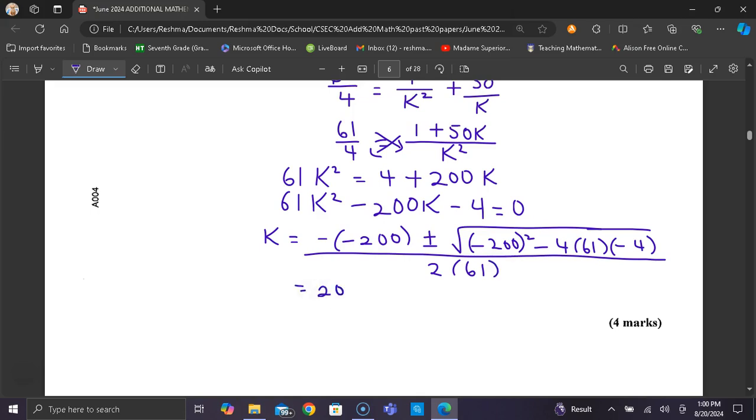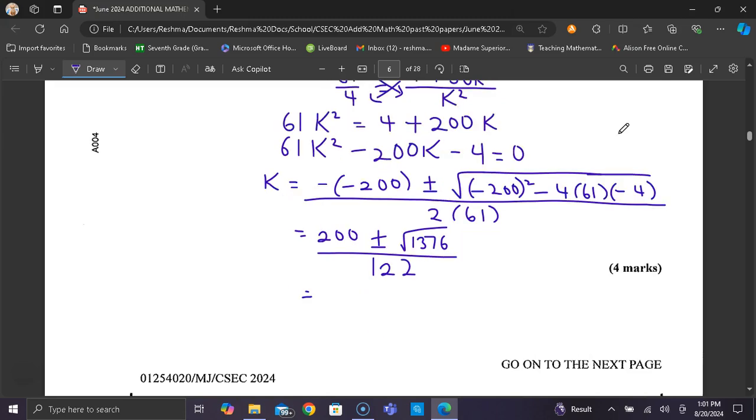Alright, so that's 200 plus or minus. Okay, let's figure out the square root part. So that's 400 plus the minus, and minus give a plus, so that's 4 by 61 by 4. So it's the square root of 1376, divided by 2 by 61, which is equal to 122.